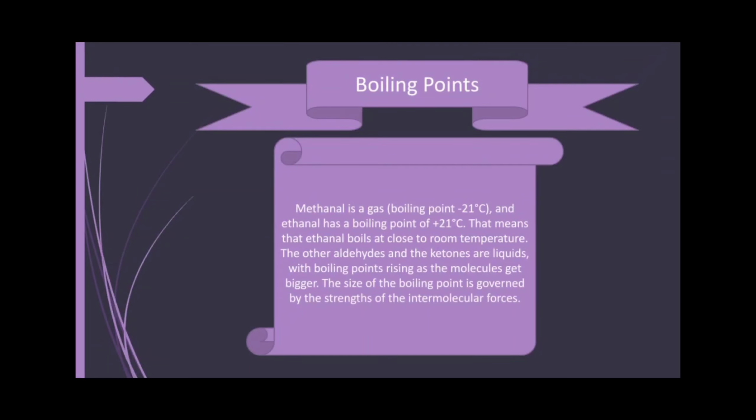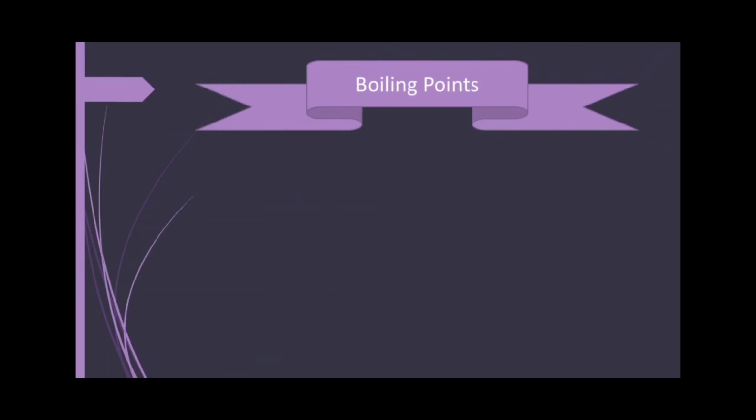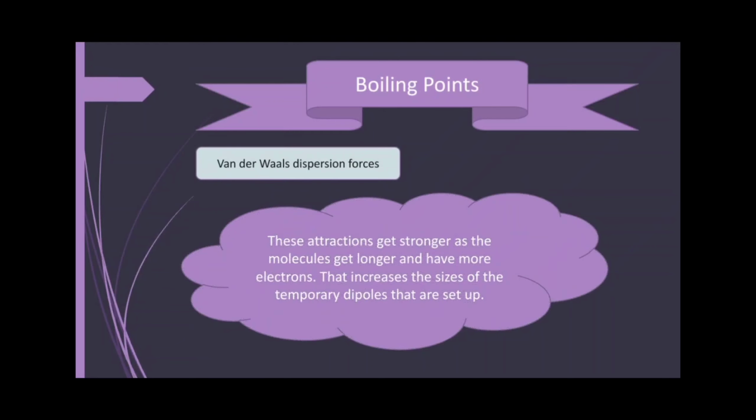The size of the boiling point is governed by the strength of the intermolecular forces. These intermolecular forces are the van der Waals dispersion forces. These attractions get stronger as the molecules get longer and have more electrons.